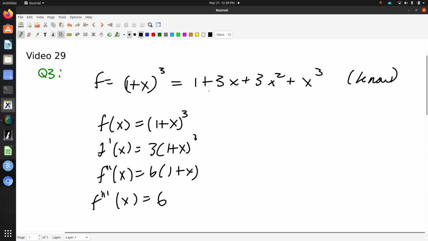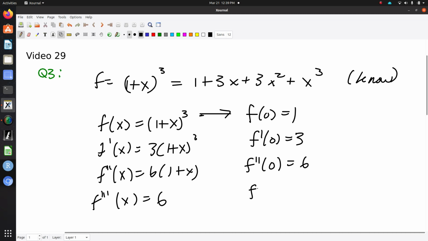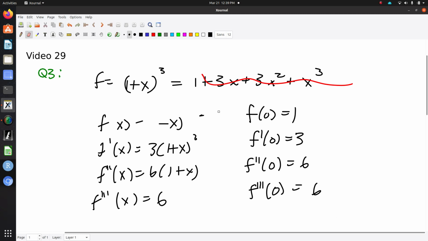Okay, so if you evaluate it, that means f of 0 equals 1, f prime of 0 equals 3, f double prime of 0 equals 6, f triple prime of 0 equals 6. And it's this information that we're going to use to figure out the answer that we already know. Okay, so we're going to see how this ties together.